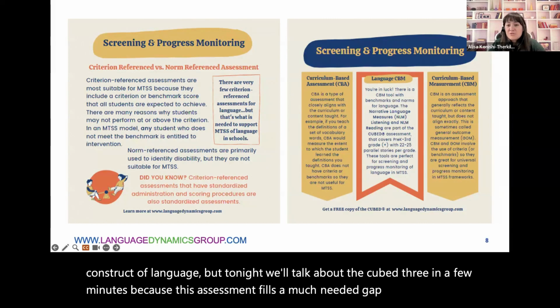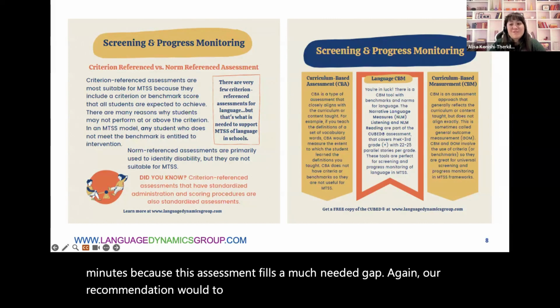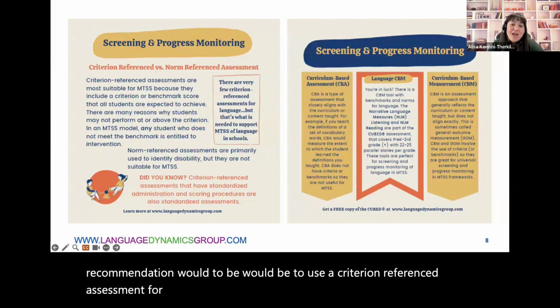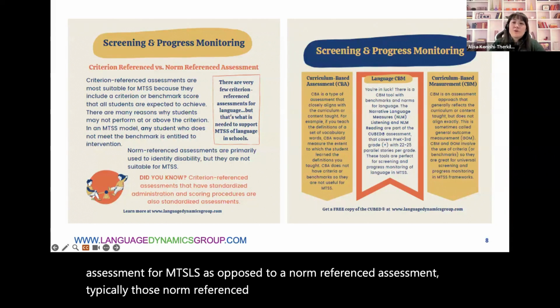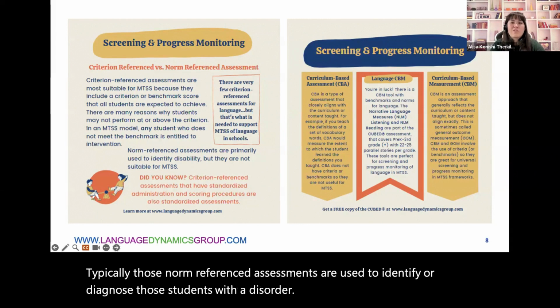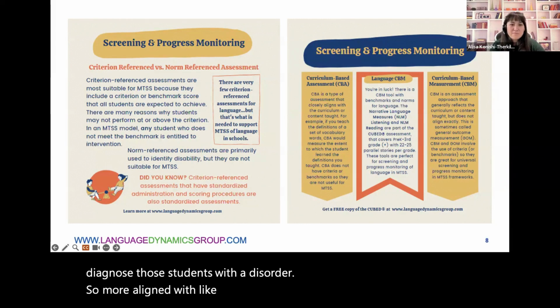Again, our recommendation would be to use a criterion referenced assessment for MTSLS as opposed to a norm referenced assessment. Typically, those norm referenced assessments are used to identify or diagnose those students with a disorder. So more aligned with the RTI system.